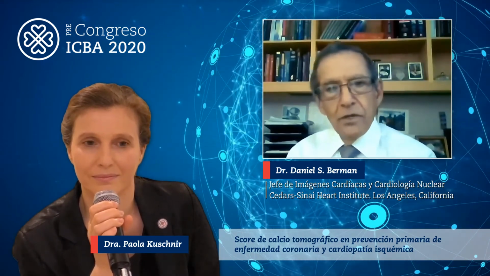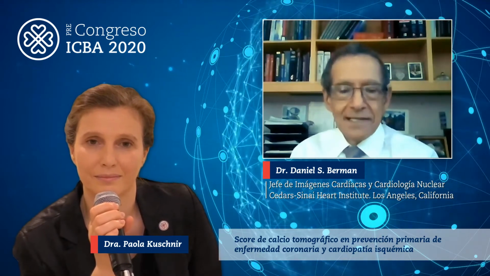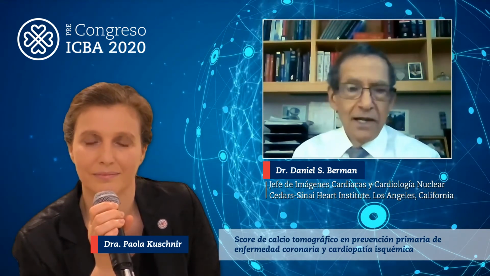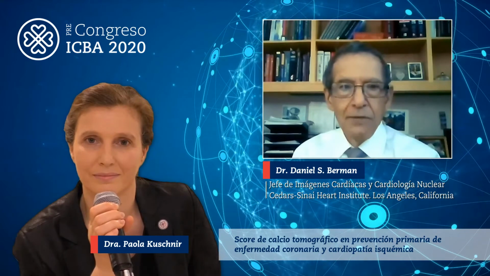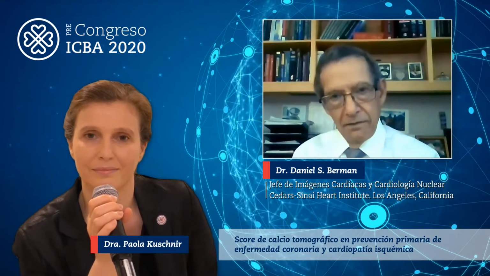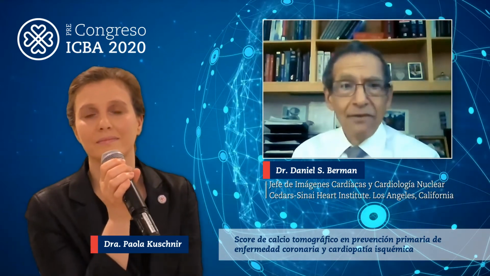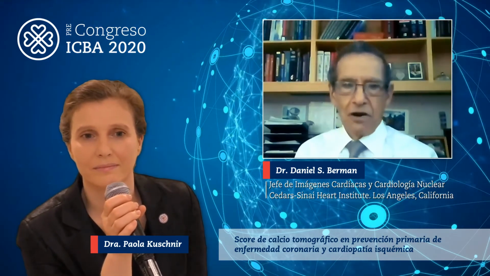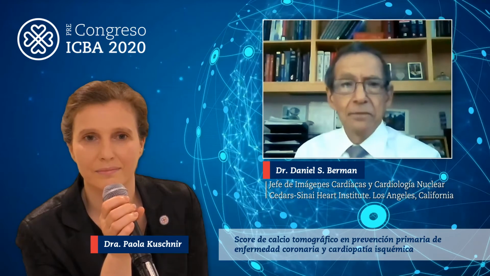But so where do we use it? How do we use it? The recent data has focused on the power of 0. It's so interesting how patients who have even a higher risk, who normally would be put on medication, end up having a 0 score. And with the 0 score, the 10-year cardiac event rate is extremely low.